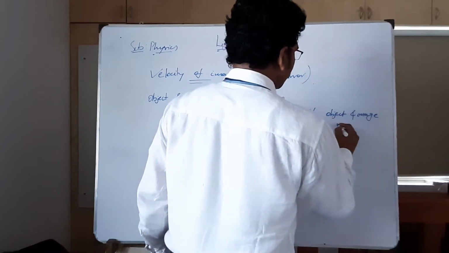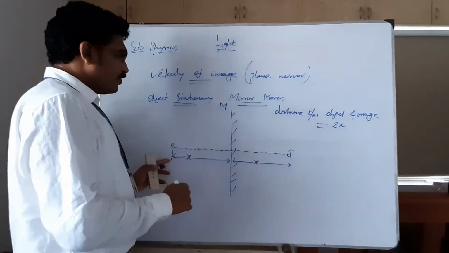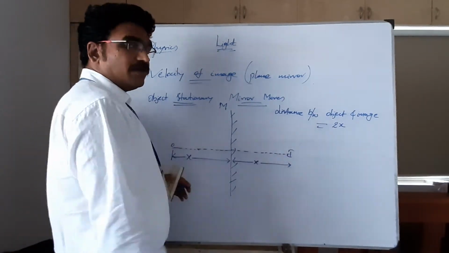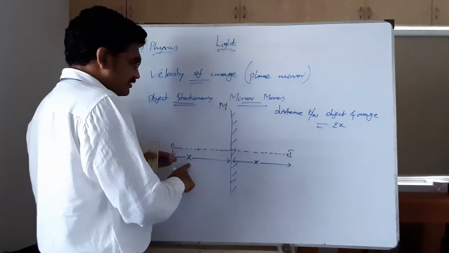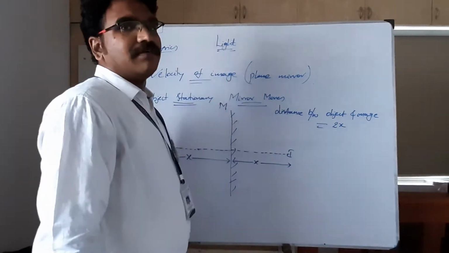That is equal to 2x. From here to here it is x, so object distance is equal to image distance. Here it is x and here it is x. The distance between object and image is nothing but 2x.